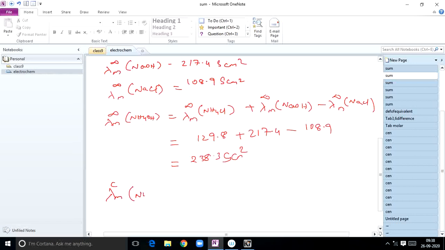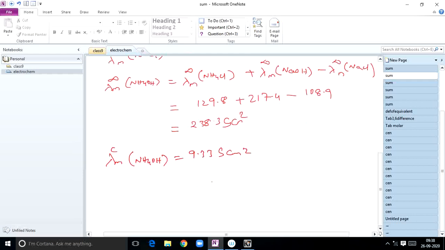How much? Lambda mc value is given as 9.33 Siemens centimeter square. From this, he is asking the degree of dissociation. So what is the formula, students? Did you remember the formula for degree of dissociation?